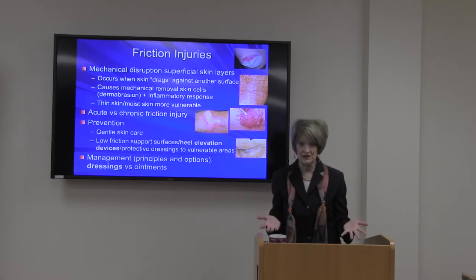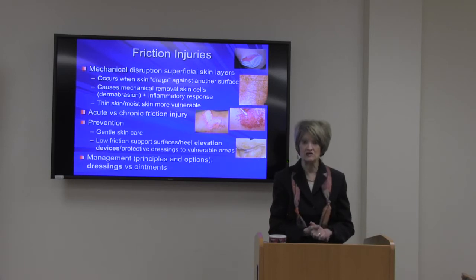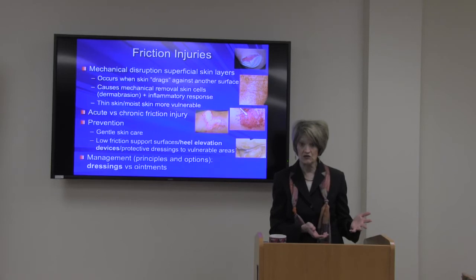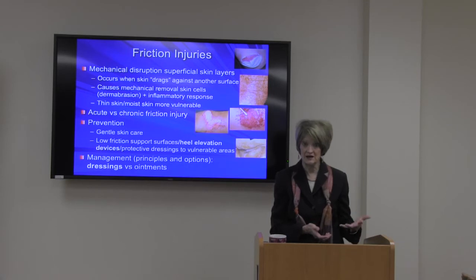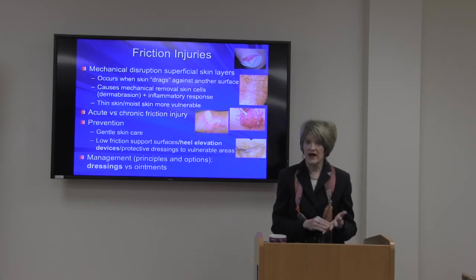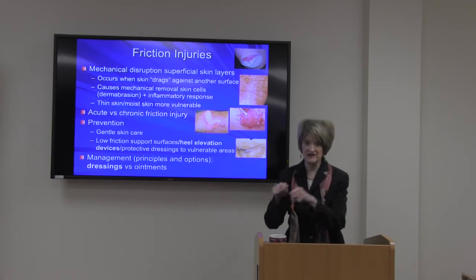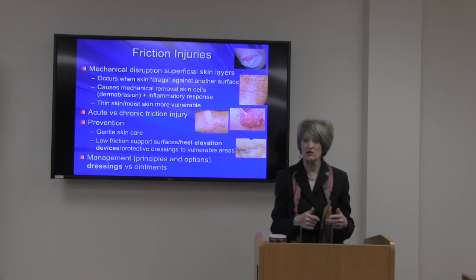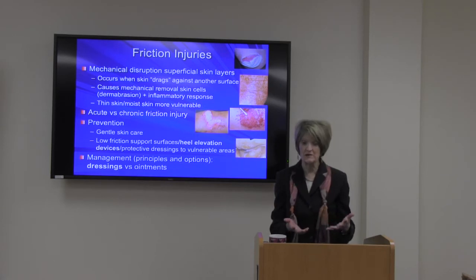That makes really good sense. So can I use a gentle adhesive foam dressing to the sacrococcygeal area to reduce the negative effects of moisture and friction? Yes. That, in conjunction with a low shear, low friction support surface, and with lifting instead of dragging, can go a long way toward minimizing partial thickness skin loss over the sacrococcygeal area.